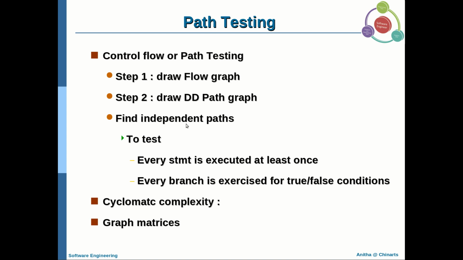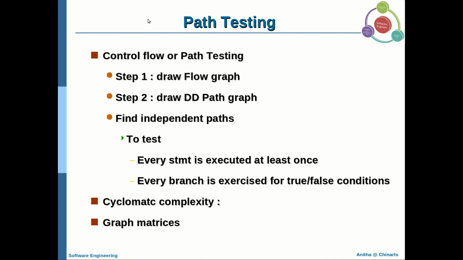Then you are going to find out the independent paths. Why? Because you want to test that every statement is executed at least once in the program, and every branch is executed for true or false conditions if it is binary, and if it is multi-decision, for each decision you should have a branch condition.